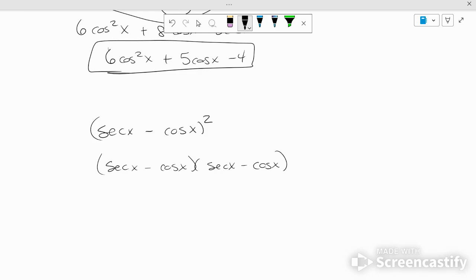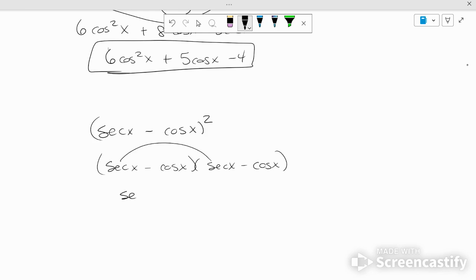Are these conjugates? Amanda says yes. Amanda's dead wrong. They have to be one positive, one negative to be conjugates. So we just FOIL this.